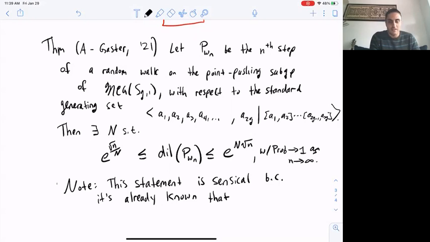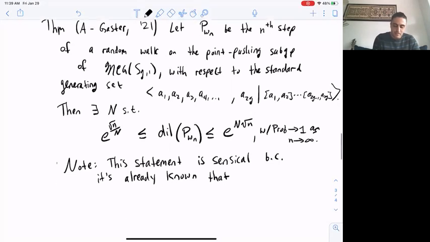And now in the note, I'll address Ty's question. The only reason why this statement makes sense is because it's known that PWN is pseudo-Anosov with probability converging to 1 as n goes to infinity. And that's due to a number of people.